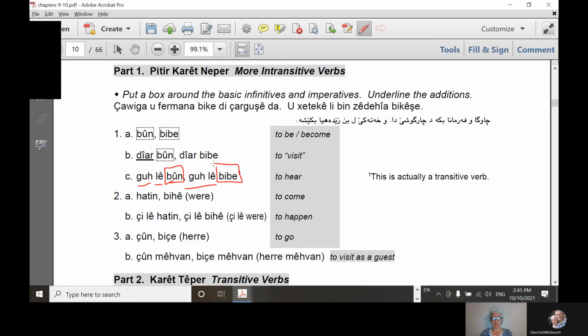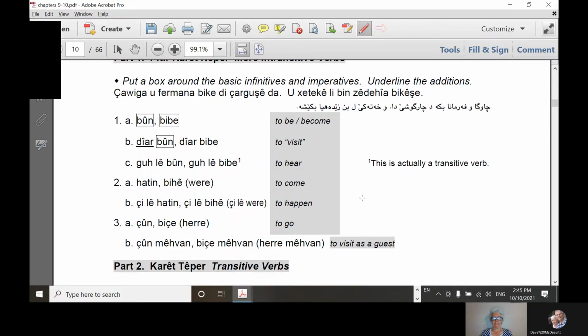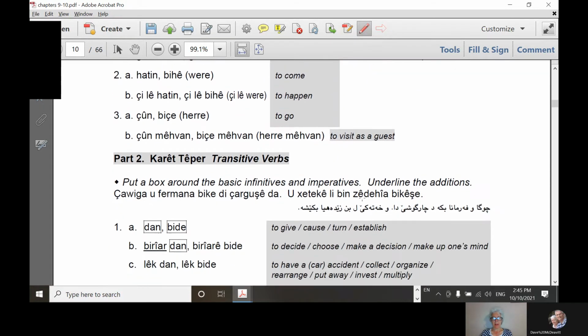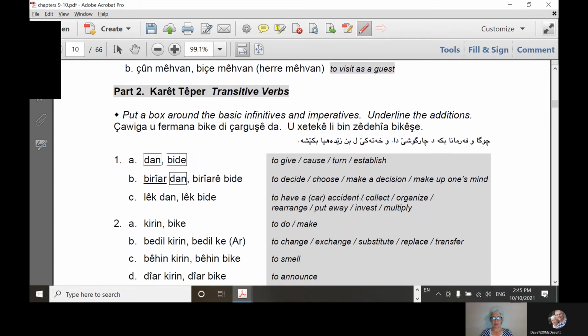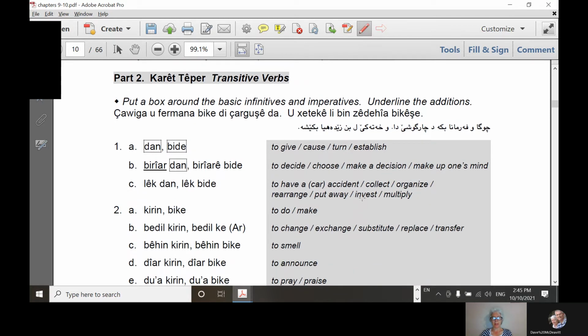It's a transitive verb, but because it has bun biba, it looks intransitive, but very important to note, it's actually a transitive verb. And then in part 2, you can check the rest of those in your appendix.